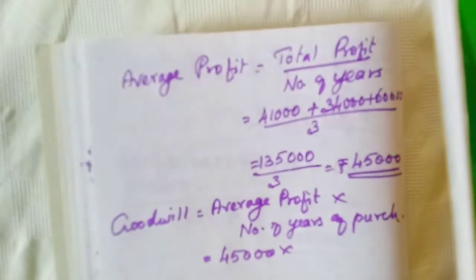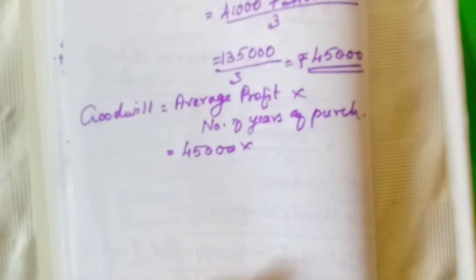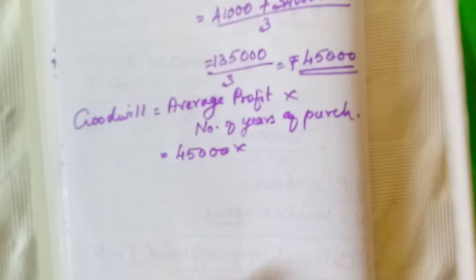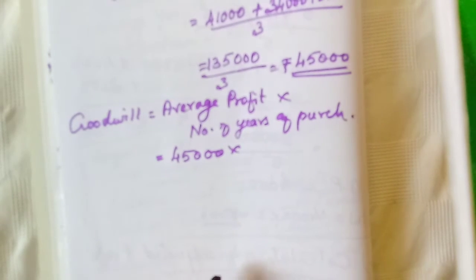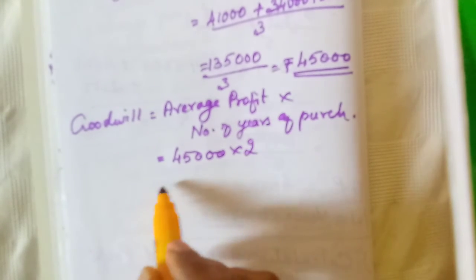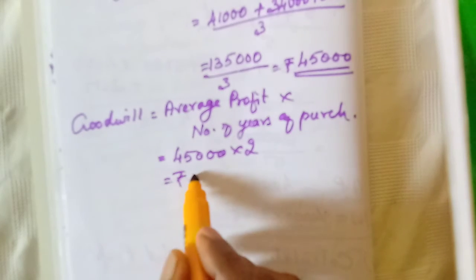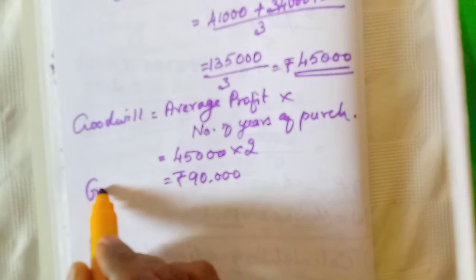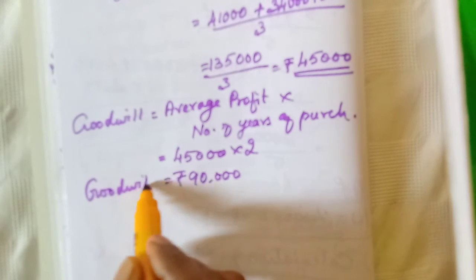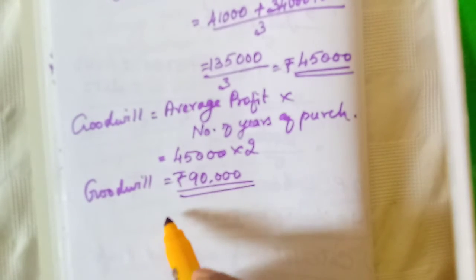The number of years of purchase is given in the problem: on the basis of 2 years of purchase of the average profits of 3 years. So 2 years, we will get 90,000 goodwill. Okay, that's all.